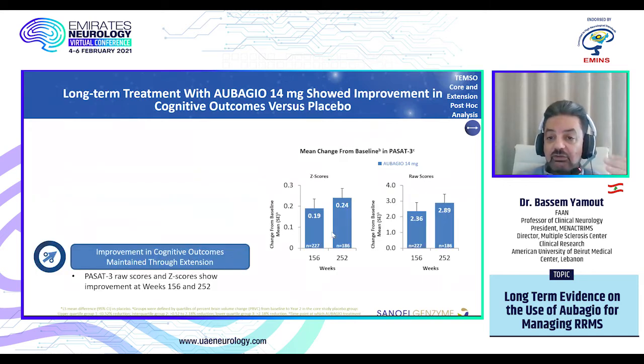And this effect actually was maintained in the extension trial. When we look at 252 weeks, which means 5 years later, you still had a further improvement in the cognitive score compared to baseline. So up to 5 years, Aubagio is still showing a persistent improvement in the cognitive score.